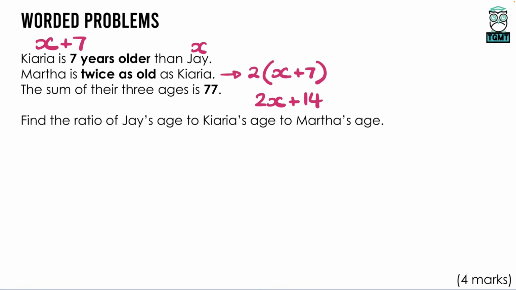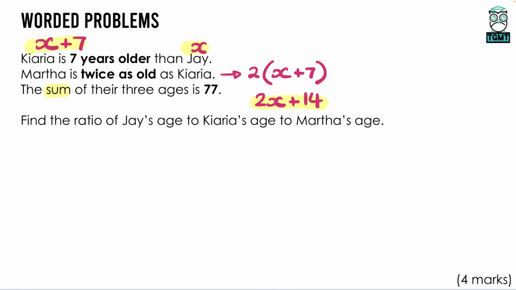So it now tells us the sum of their three ages is 77. In other words, if we take these three expressions and add them together, that will equal 77. I can either write that out in a long line with a plus symbol between them all, or go through adding up the x's.